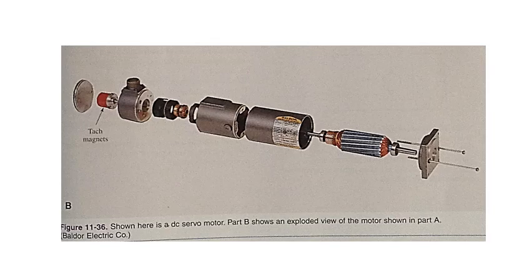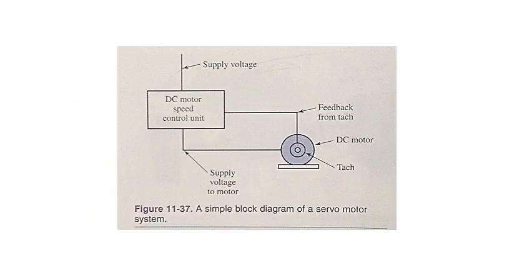The tach voltage signal to the speed control unit gives feedback about the motor's revolutions per minute, or RPM. Look at the closed loop feedback speed control diagram in figure 11-37.